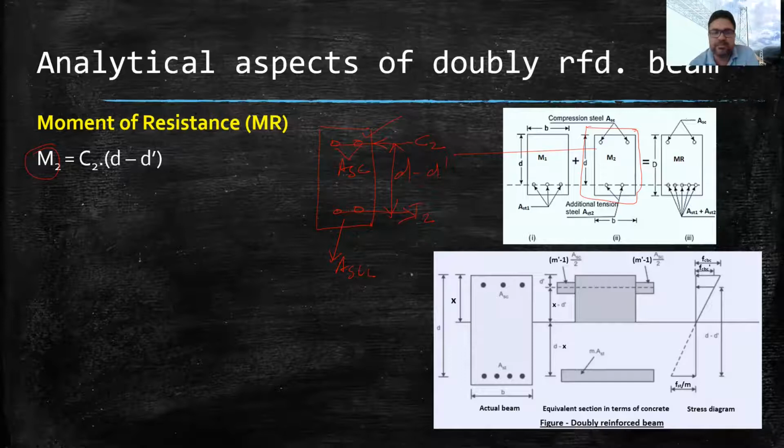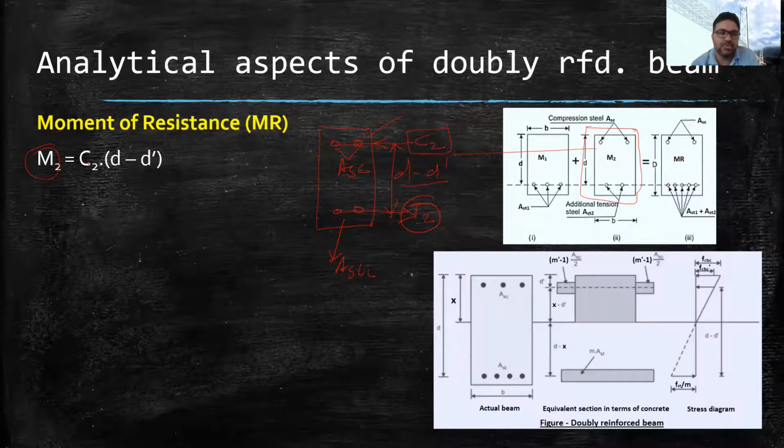The same concept we are using here, because we have provided compression steel this time. As I said, this T2 calculation will be very difficult because it is very difficult to distinguish AST1 and AST2. So generally most of the time we calculate from this side, which is C2 multiplied by D minus D dash.